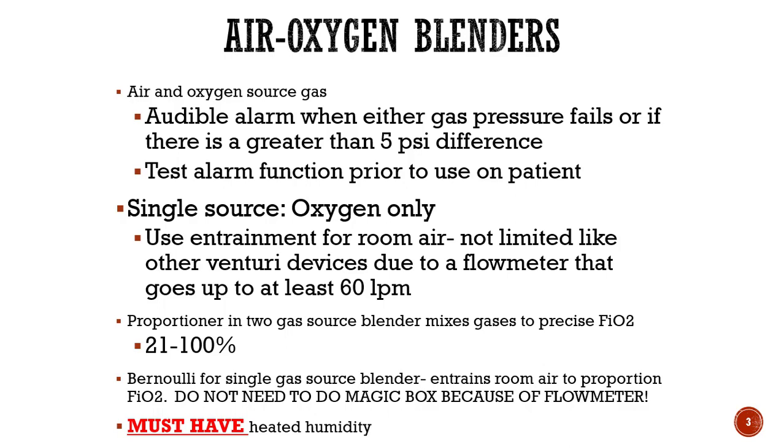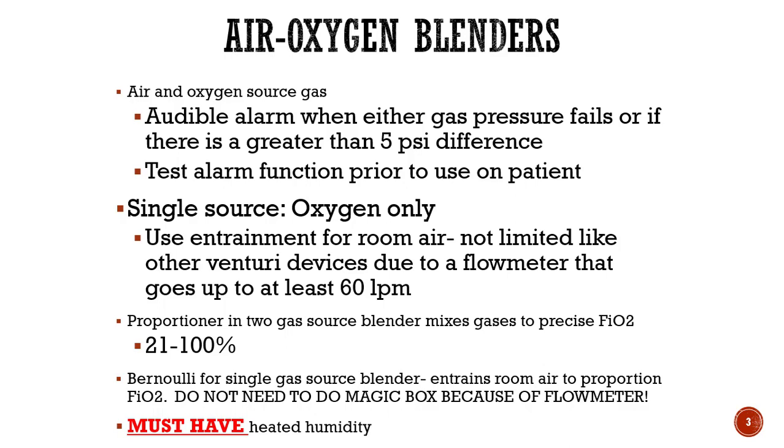So yes, it entrains room air. Yes, it works through the Bernoulli principle, but you guys are not going to have to worry about calculating what its maximum total device flow is, because it still has that separate flow meter that at least goes up to 60. And we know that 60 liters per minute is kind of our magic number for covering all of the inspiratory flow needs. So I don't want you to link it in the sense that you have to do a magic box for that device, because you don't, although it does entrain the room air in.